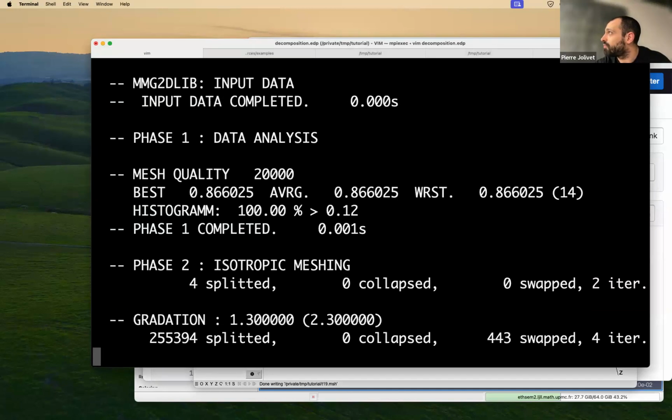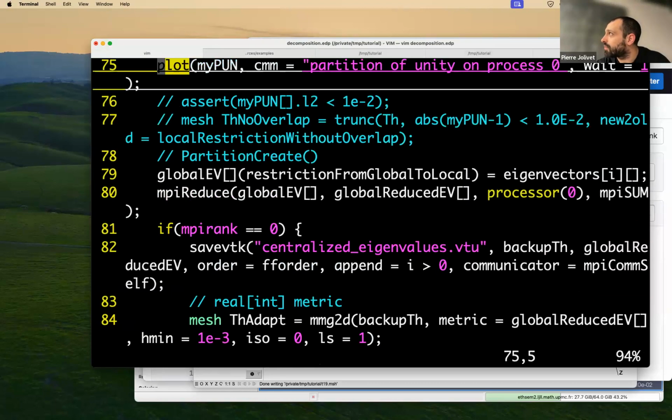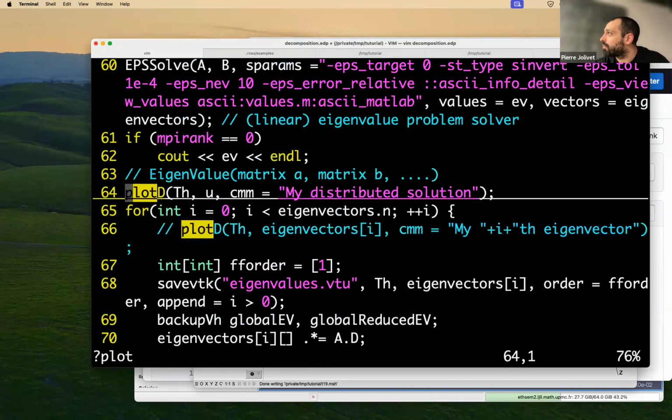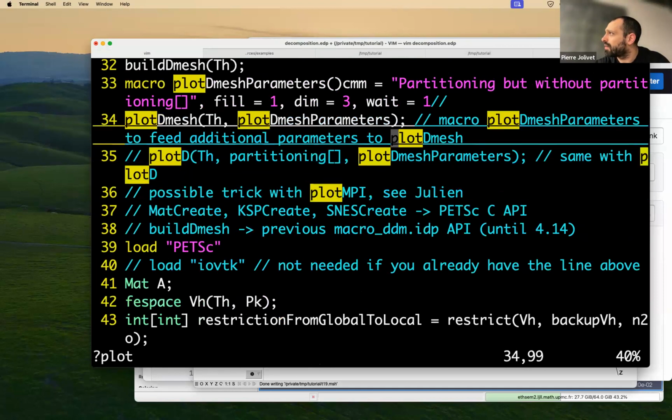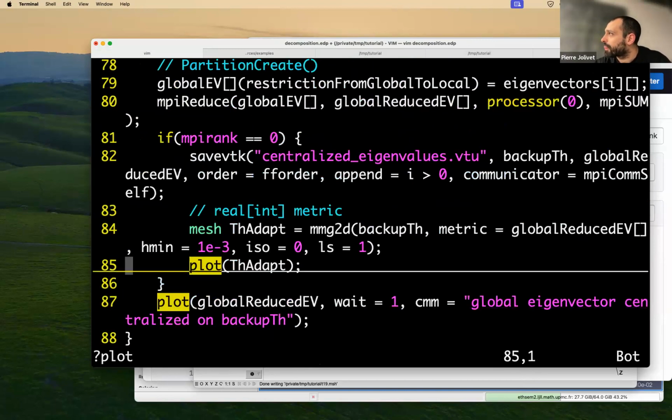I need to put less plots because it's impossible to look at the screen.